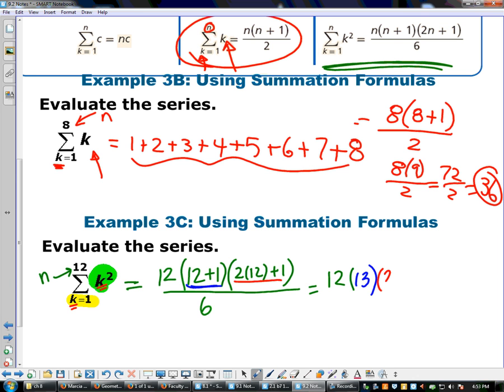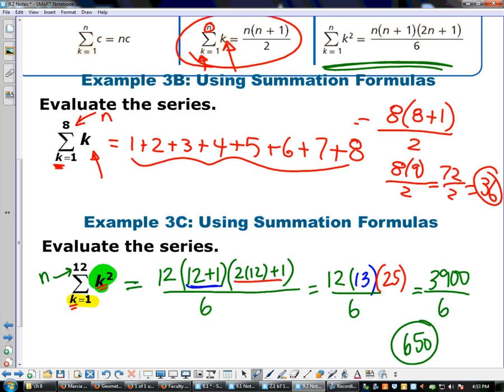So this next one's going to be 24. And all of this is going to be divided by 6. So if we multiply 12 times 13 times 24, oh, it is 25. Whoops. I think I said that and I just wrote it backwards. Okay. So that's 3,900 divided by 6, which would give me 650. Okay, so that's the value of my series here.